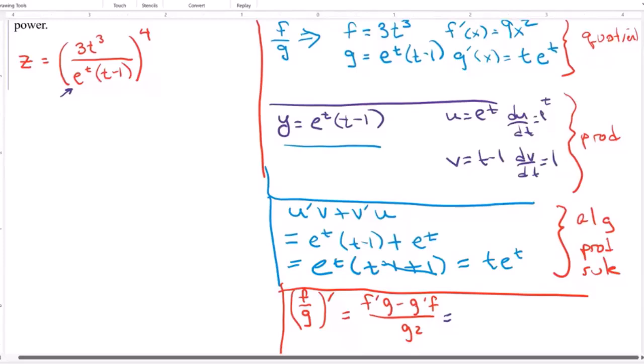So f prime, 9x squared, times g. g is e to the t times t minus 1, minus g prime is t e to the t times, so g prime f, 3t cubed.